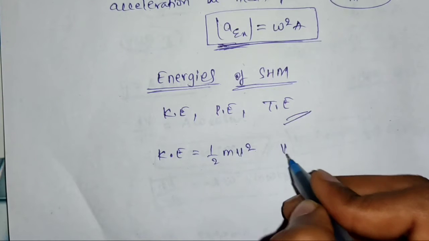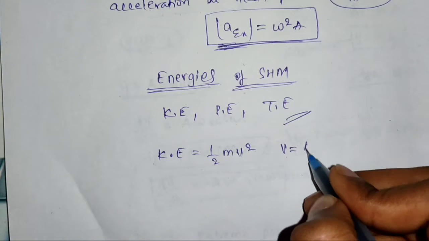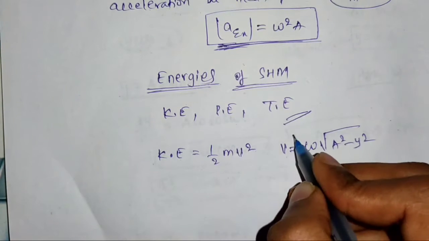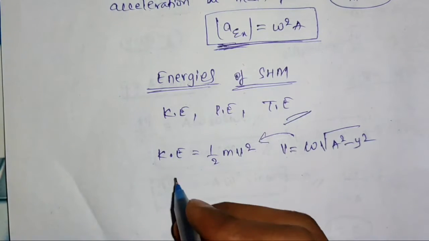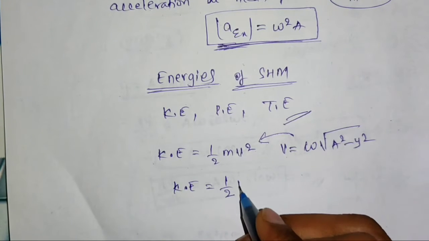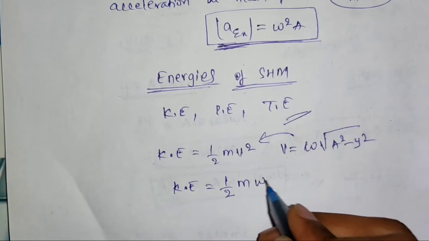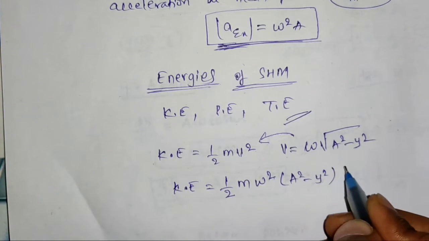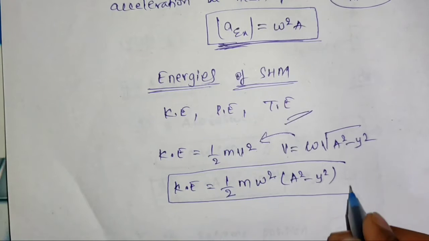From SHM we know velocity is equal to ω√(A² − y²). On substituting this in this equation, we get kinetic energy equal to ½mω²(A² − y²). This is also one of the formulas.